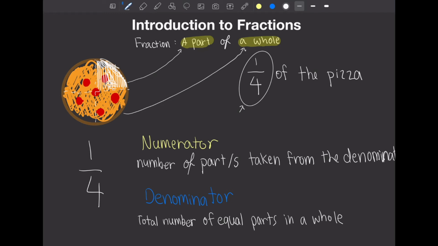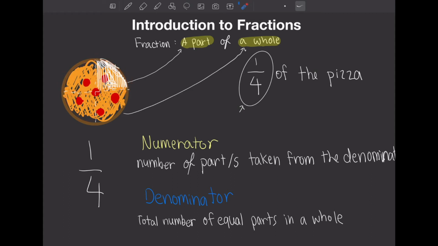In this case, with the pizza, the numerator is 1 because I took 1 equal part from the 4 equal parts of this pizza. So that is why the numerator is 1.